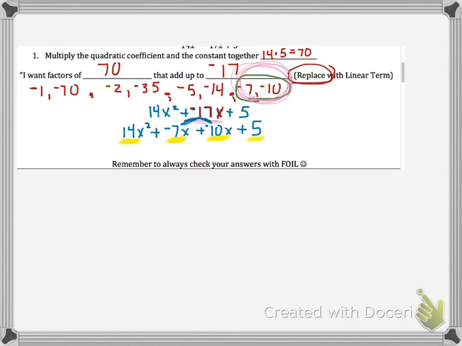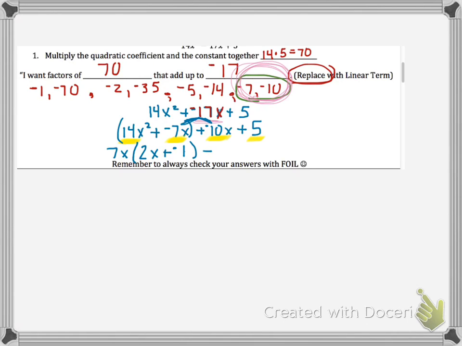So I can pull out a common factor of 7x from these first two and say, okay, that is the same thing then as 7x times 2x plus negative 1.